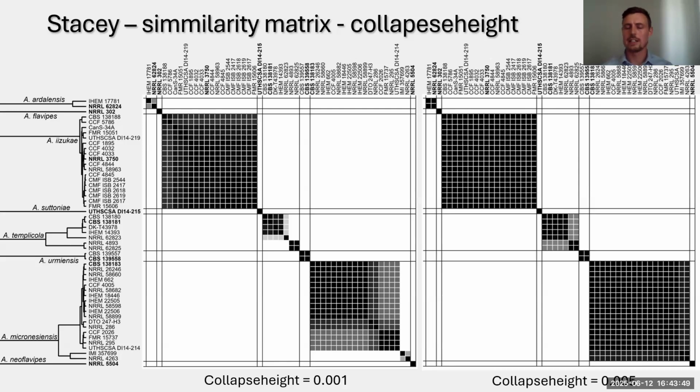On the right hand side, the samples are clustered into fewer species represented by these black boxes.